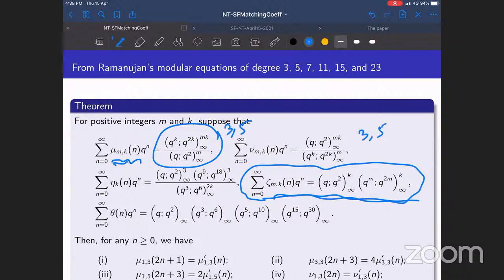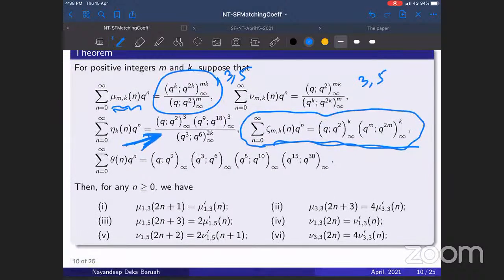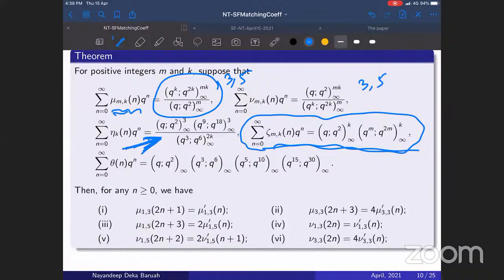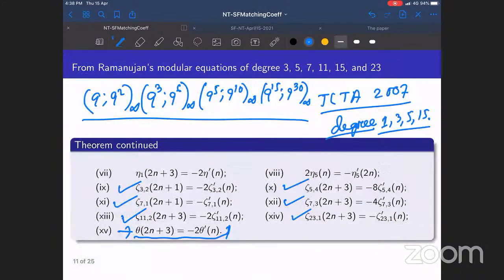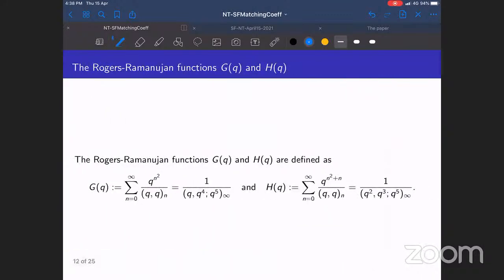And this is connected to Ramanujan's cubic continued fraction, the Q product representation of Ramanujan's cubic continued fraction. So we can transcribe this to a Q product, and we have results for matching coefficients. I am not going into the details of the proofs, but it will naturally come like that.